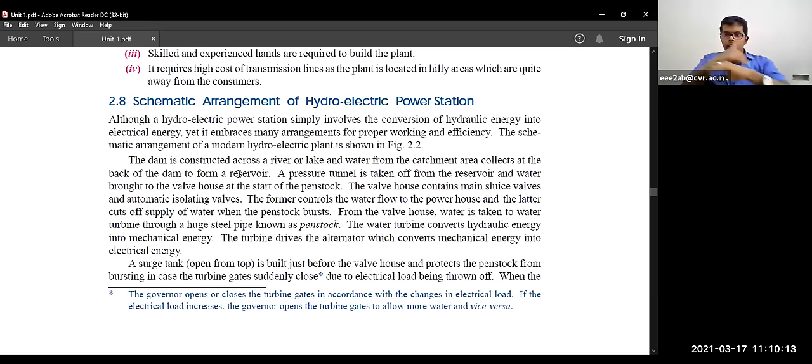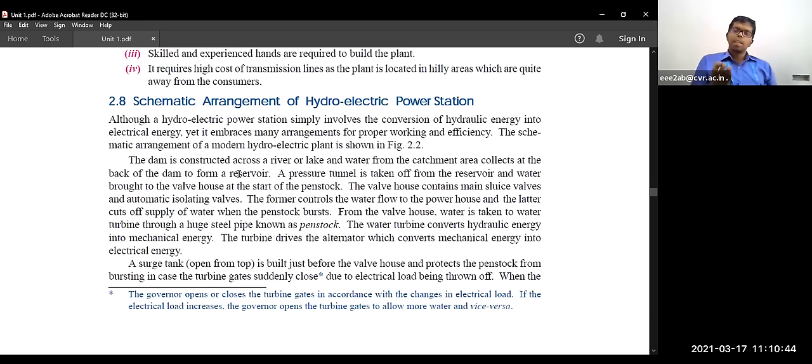In between those two hills there will be some catchment area, so you can easily store the water there. You need not construct any dams in between the two hills. Nature itself gives the hand. That is called the catchment area. So easily you can store the water in the catchment area.